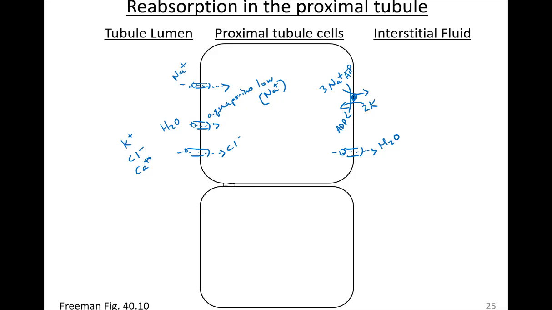So the overall effect of all of this is that there's a substantial reduction in the volume of fluid in the tubule lumen as it moves through the proximal convoluted tubule, and very little change in the osmolarity.